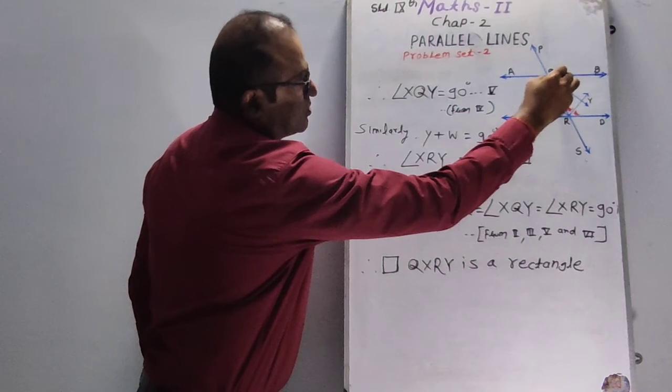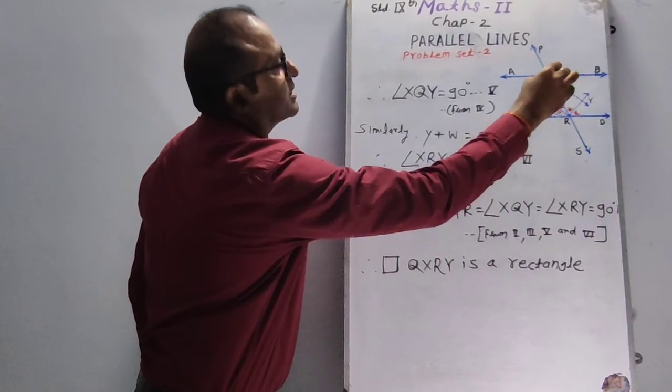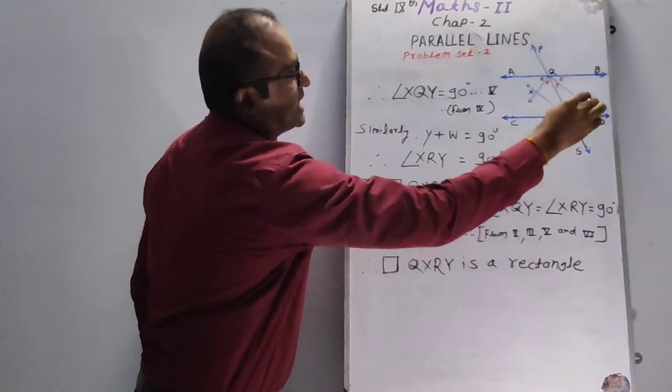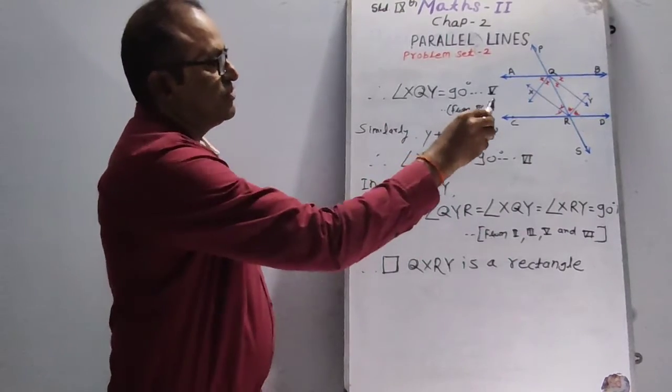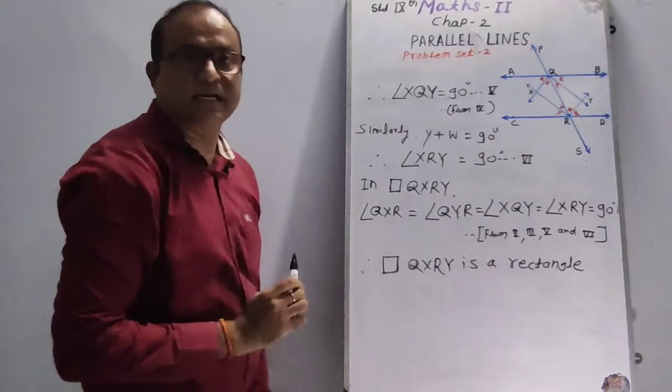In this quadrilateral QXRY, we have already found all angles are 90 degrees.